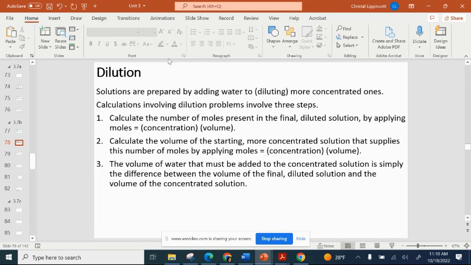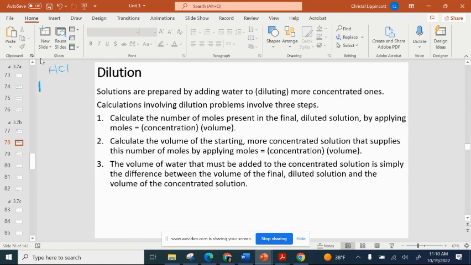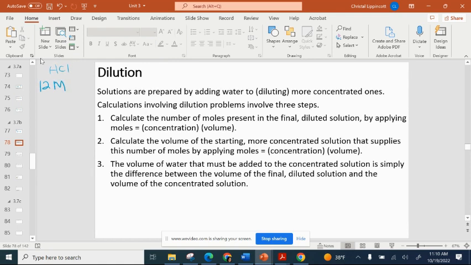Okay. So when you're doing a dilution, your solutions are prepared by adding water to more concentrated solutions. So for example, when I order in HCl, I order in 12 molar HCl. What does that mean?